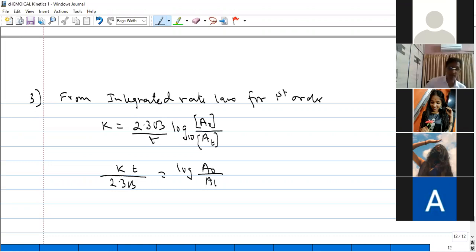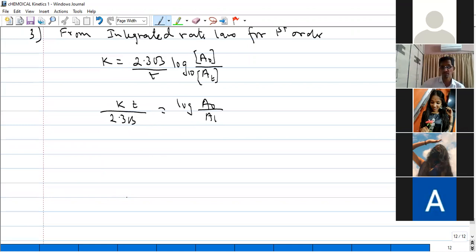If we arrange it in the proper way, log to base 10 A0 upon At is equal to k upon 2.303 into t plus 0.